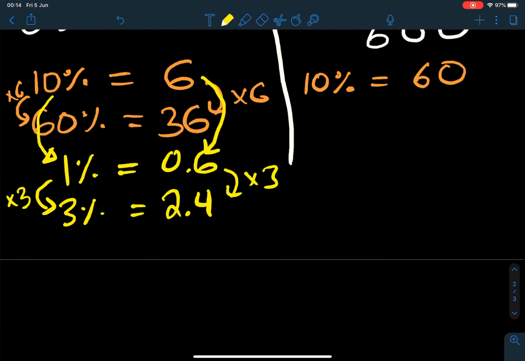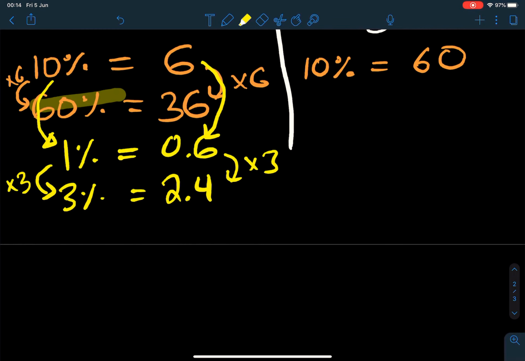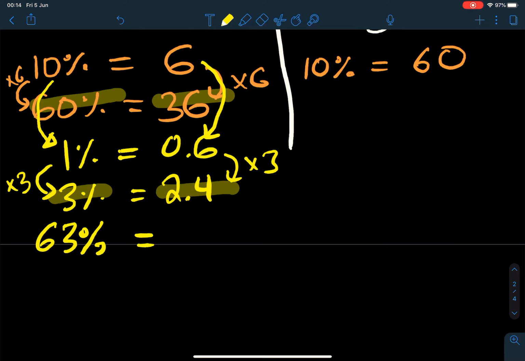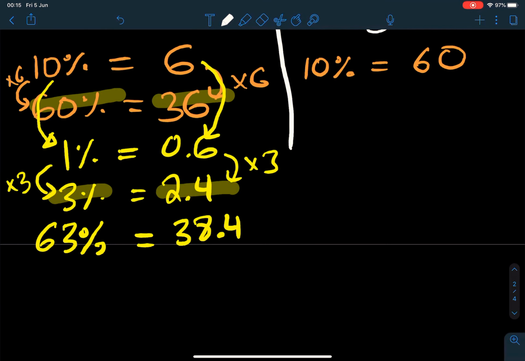And now I've got everything I need to actually work out 63%. I've got 60% and I've got 3%, which is 36 and 2.4. If I add them together, 63% is 36 plus 2.4, which is 38.4. So that's that one done.